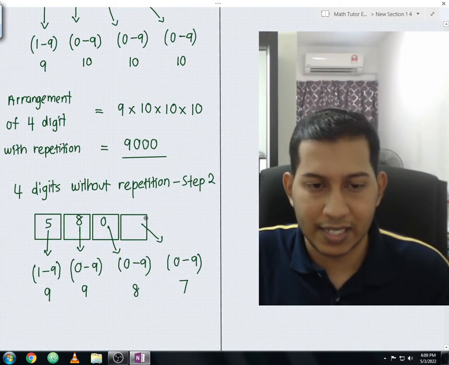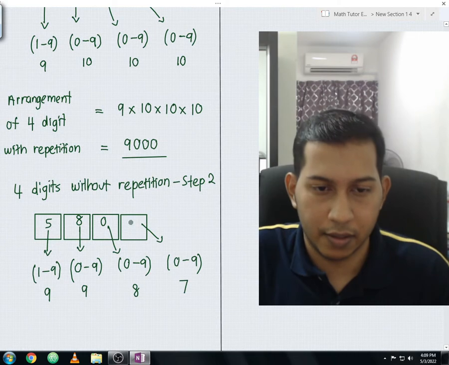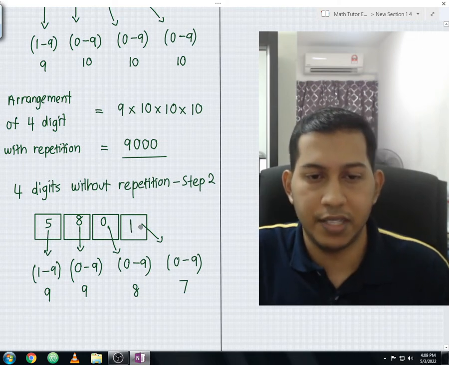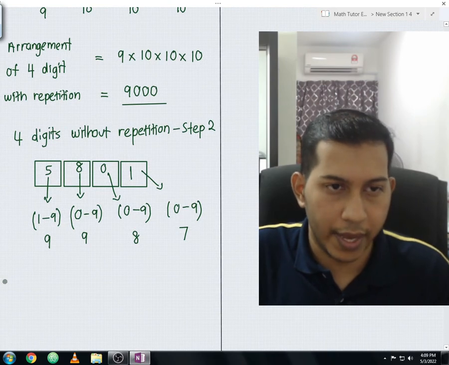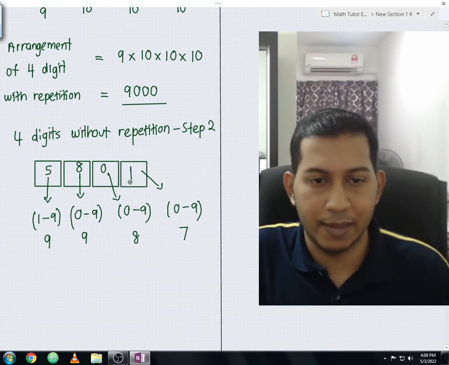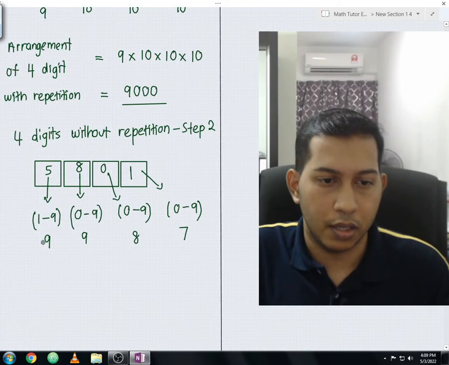So this is the example of 4 digit without repetition. For the last number, let's say I choose number 1. So this is the possible example, and let us move on to the working.